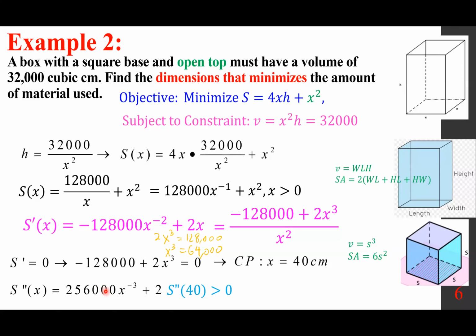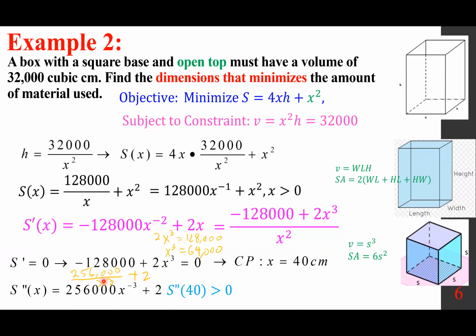Here's the reason. This is 256,000 over x cubed plus 2. So when you plug in 40 here, you don't even have to know the answer. This becomes positive plus 2 is positive because we just want the sign.